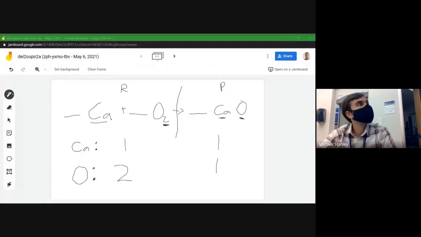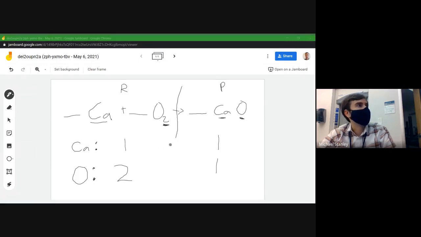Okay, now I've got to jump away from there and go back to the whiteboard. All right. So to start off with, our Ca's look like they're balanced. We have one on the reactant side and one on the product side.